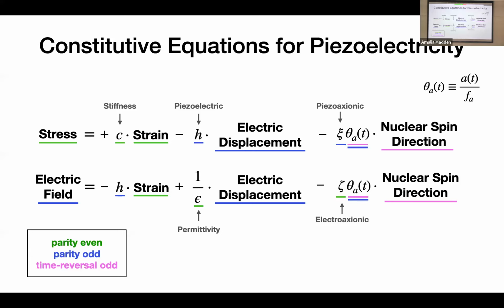Please forgive my ignorance, I'm from the Cognos network community. Of course. In this low energy sector, we can view all this axionic stuff as an additional contribution to the Lagrangian, which is determined by the product of the electric field and the magnetic field, like an E·B term, right? Amalia is not going to use B because this is a total derivative, so it will always be proportional to the derivative of the axion field.